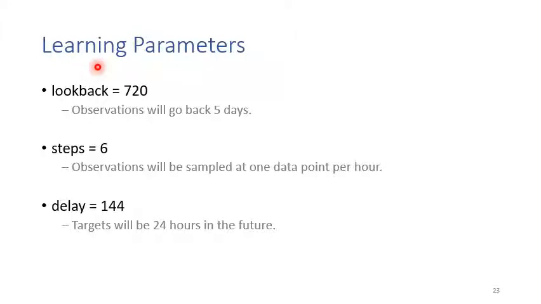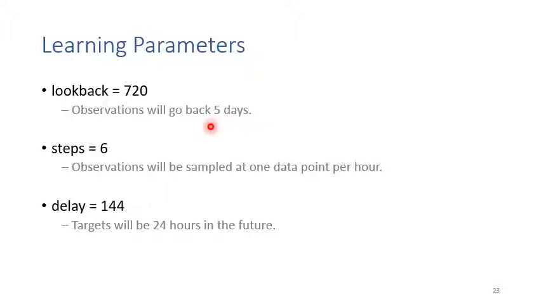Next, we have to decide the learning parameters. We need to decide how much data we want to use to predict future data. This is called lookback. In this example, we want to use the previous 5 days to predict the temperature in 24 hours.